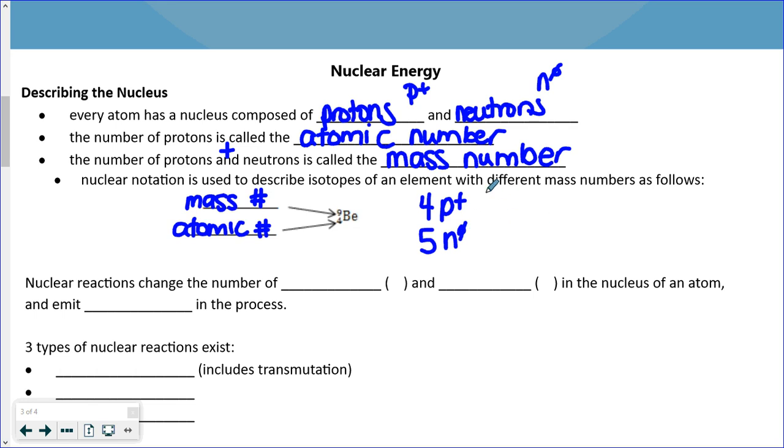So that equals 9. We don't want to have 9.01 as our mass number because that would mean that you need 5.01 neutrons. You can't have 0.01 of a neutron. Again, the reason that that number is a decimal is it's an average of all isotopes.